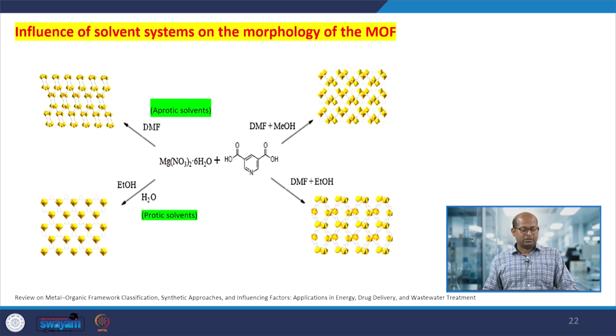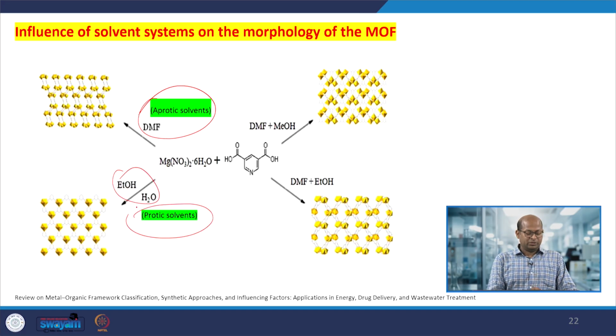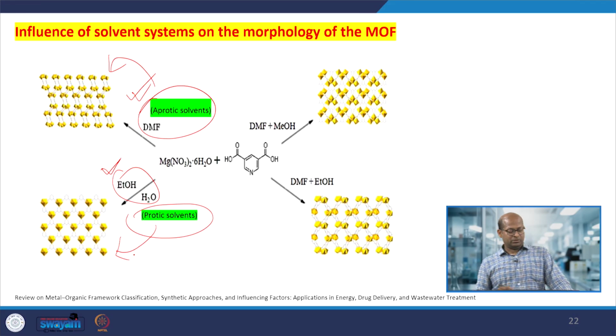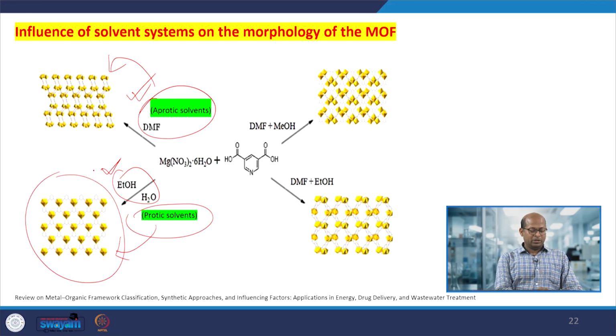Here I said the solvent effect is also very important. We can use aprotic solvents, that is DMF, or protic solvents like water or ethanol. We can use aprotic or protic solvents individually. If we use aprotic, we get this type of structure, this is for an example. If it is protic, the same MOF forms but with a different structure. When DMF and methanol are mixed in a certain ratio, with these precursors, magnesium and these organic linkers, this type of structure forms.